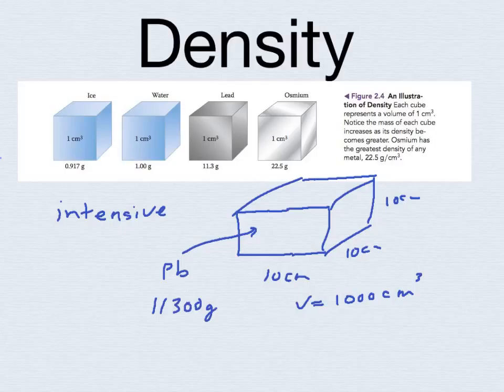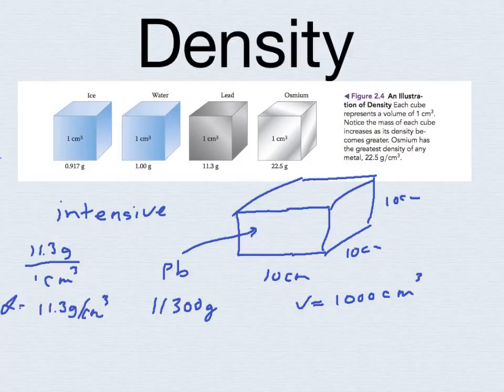Remember, intensive properties, it doesn't matter if you have a teaspoon or a truckload. When you divide the mass of your sample by the volume of your sample, the answer will always be a constant for each substance. So 11.3 grams divided by 1 cubic centimeter worked out to be a density of 11.3 grams per cubic centimeter.